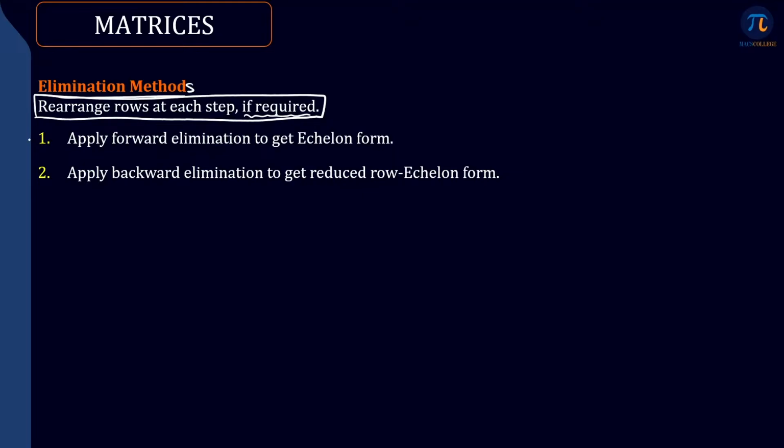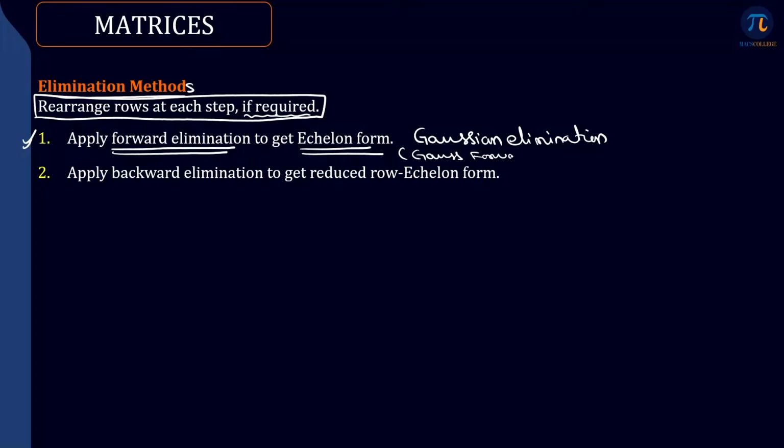Okay. So the first method is to apply forward elimination to get echelon form. I'm going to teach you this forward elimination, and this is what we call the Gaussian elimination method, or some people also call it Gauss forward elimination.